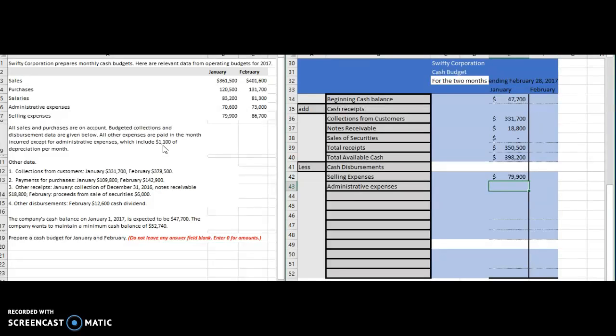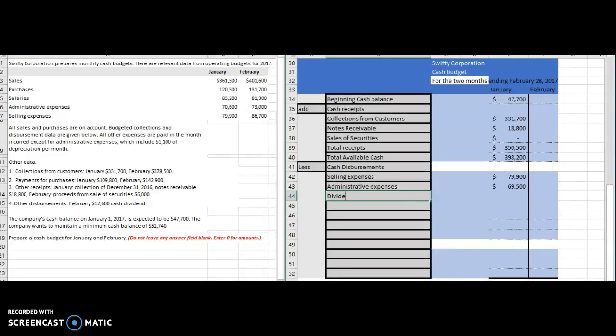And in the reading it says that in our cash disbursements we do not include depreciation because it isn't a cash payment, it's just something that happens. So to get the right entry, we subtract that $1,100 of depreciation from our administrative expenses, which gives us, for the month of January, $69,500.